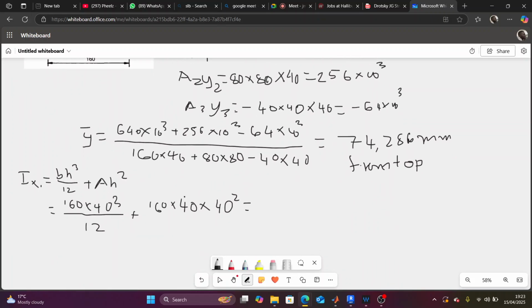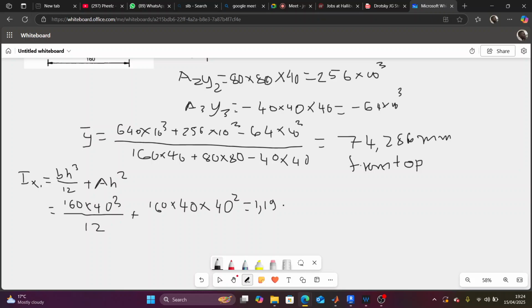What is Ix here? Still calculating. It's 1.109, like this.